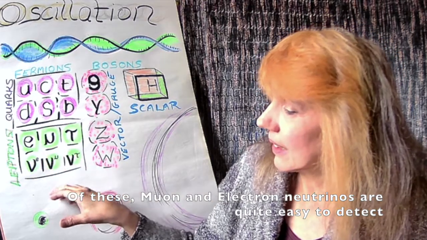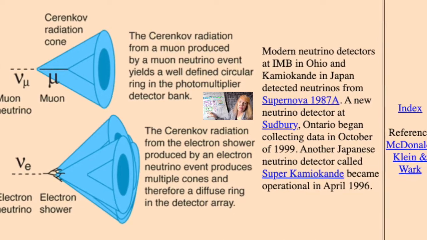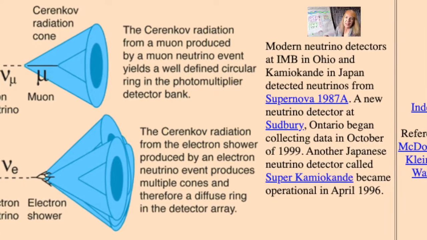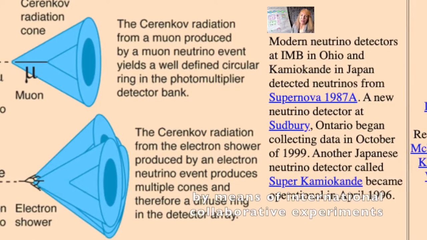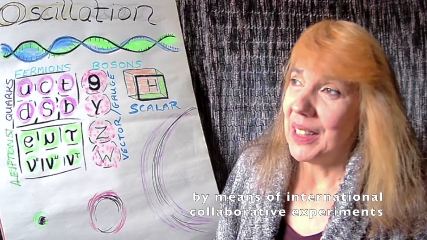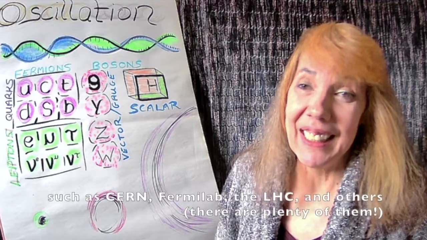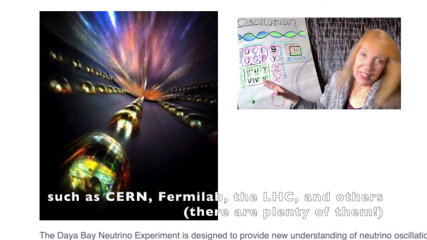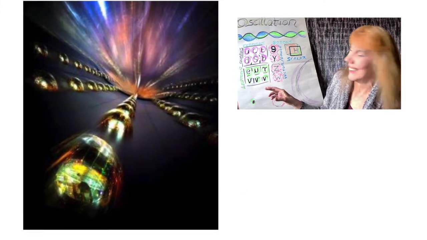Of these, the muon and electron neutrinos are quite easy to detect with the hugely expensive collaborative experiments that have gone on around the world, including, of course, CERN, Fermilab, the LHC, and others. Plenty of them.